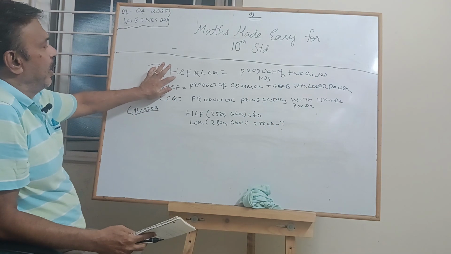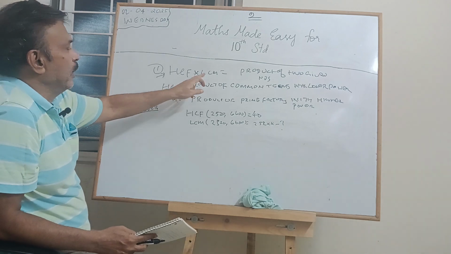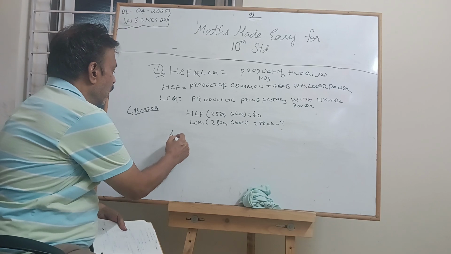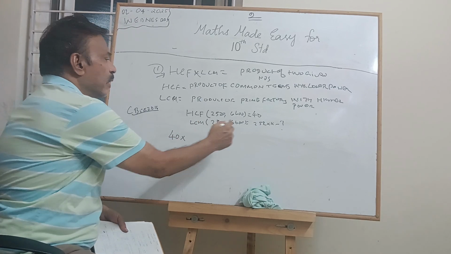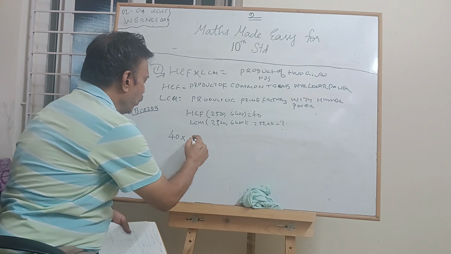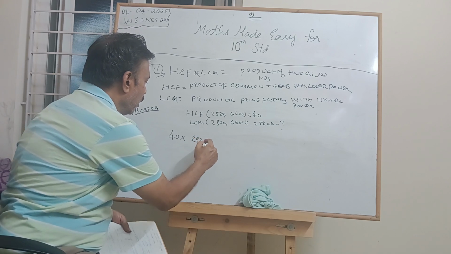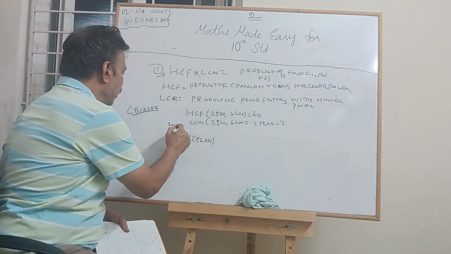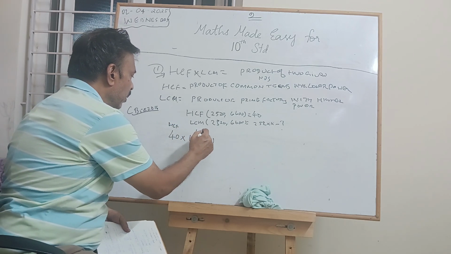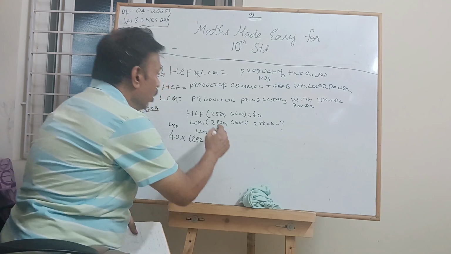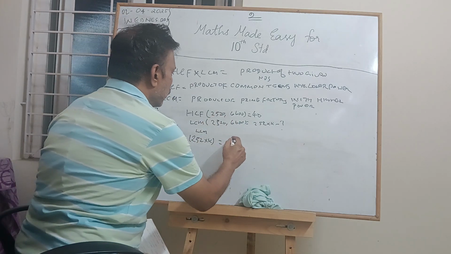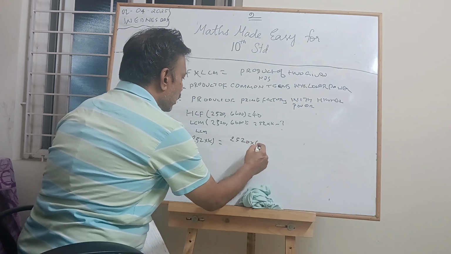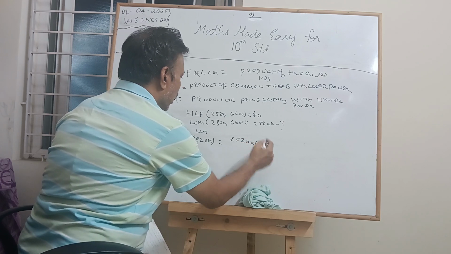So as per this theorem, HCF is 40 and LCM is 252 into K. HCF into LCM is equal to the product of these two numbers, that is 2520 into 6600.